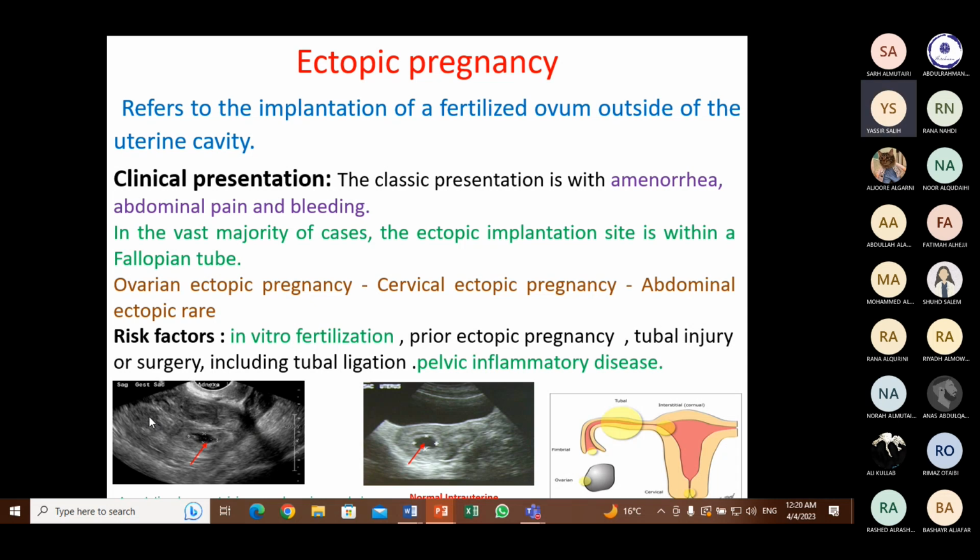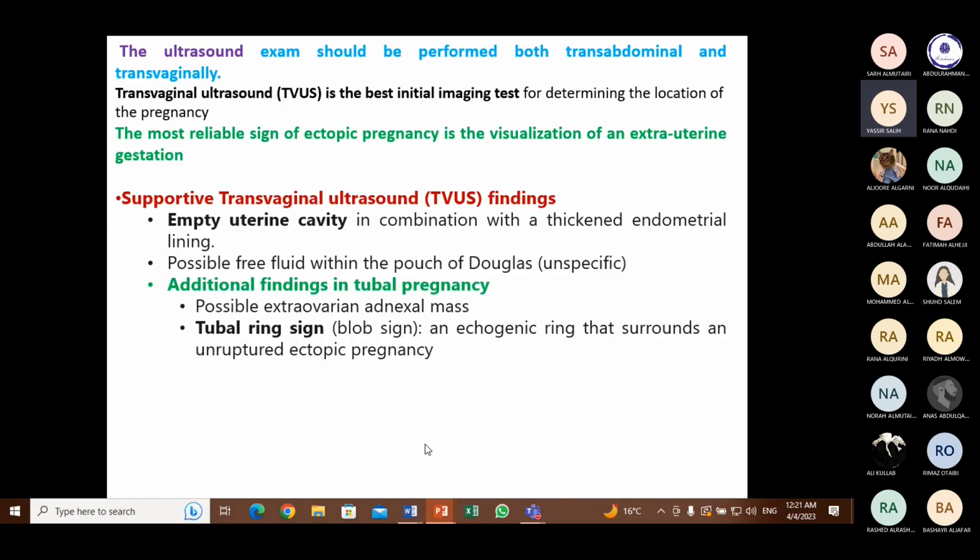Here the image does not show the part of the uterus, only the fallopian tube. So this gestational sac is not in the uterine cavity. This is a strong sign of ectopic pregnancy, presence of a gestational sac outside of the uterine cavity, because normally it should be in the uterine cavity.